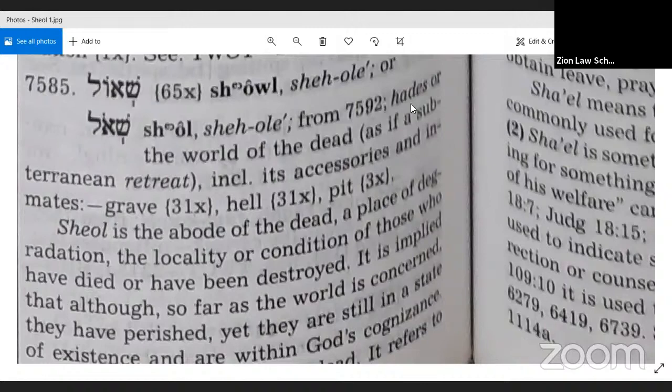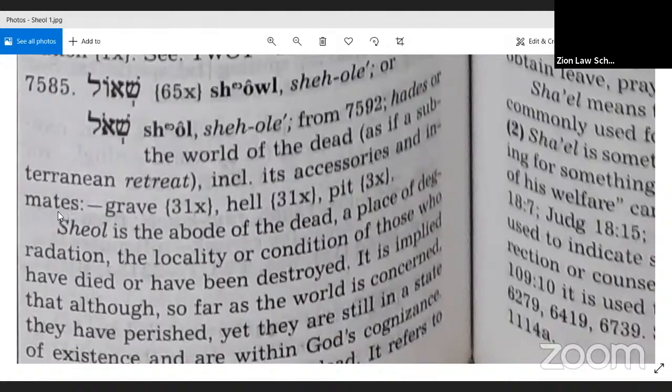So, all right. So Hades, or Turanian retreat, includes its accessories and inmates. Okay, so this word hell has accessories and inmates.